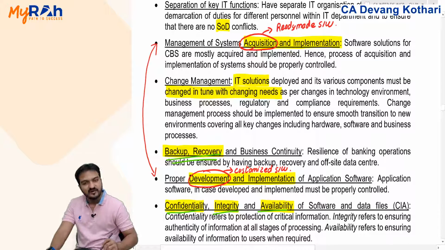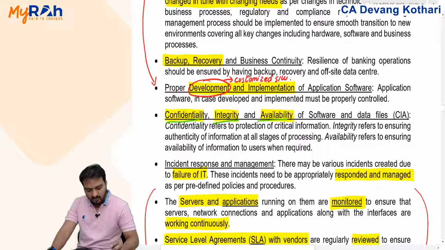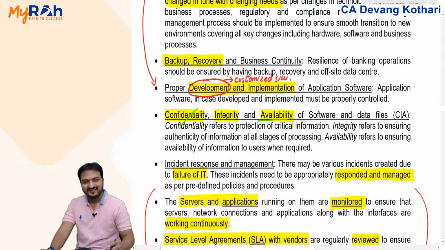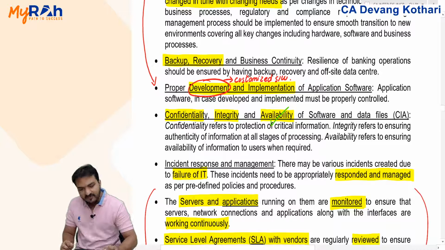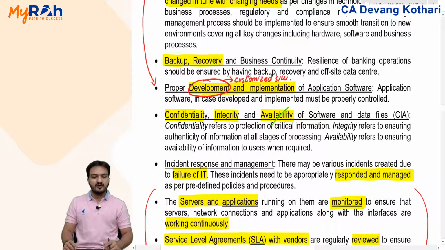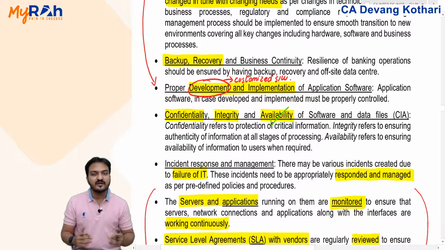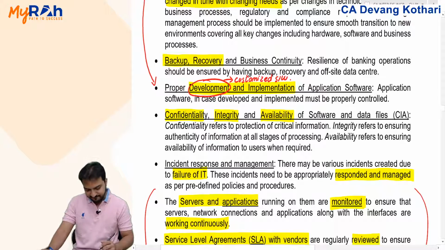Confidentiality, integrity, availability, CIA it's called. Confidentiality means to keep the data secret, not released to unauthorized people. Integrity means the data remains consistent. You change at one place, it automatically changes at all places. Availability means the data should be available whenever you need it, whoever needs it.